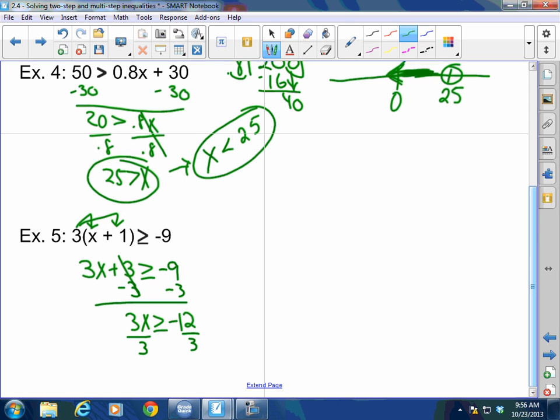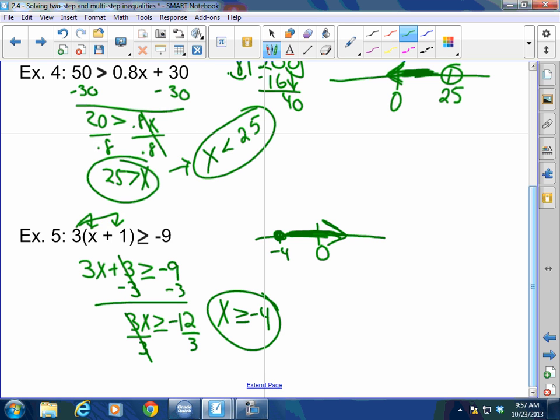Divide 3 to both sides. x is greater than or equal to negative 4. Why didn't I flip the sign here? Thank you, son. You just divided into a negative, not by a negative. Great job. Negative 4, closed circle, greater than or equal to, shaded to the right.